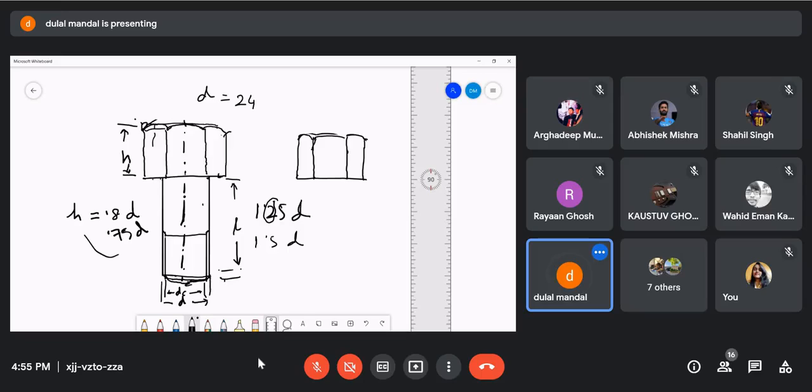Now, this one. How to show the top view of this nut? Take projection.